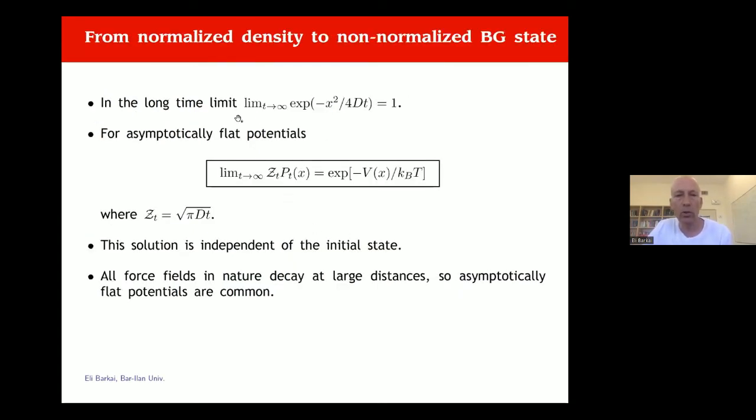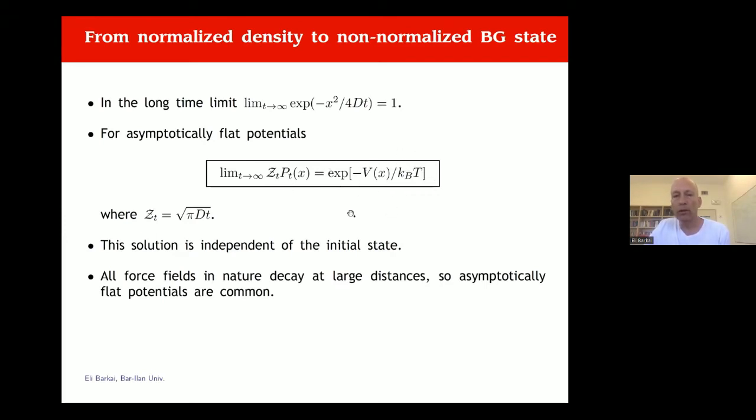So let us look at this solution, assuming you believe me that this is correct. In the long time limit, where I fix the position x, this Gaussian factor describing diffusion is simply 1, because I take t to infinity. So if I have any asymptotically flat potential, then I get this very simple equation. The limit t to infinity of this function Z(t), Z being similar to a partition function in some sense, times the normalized density is given by this factor.